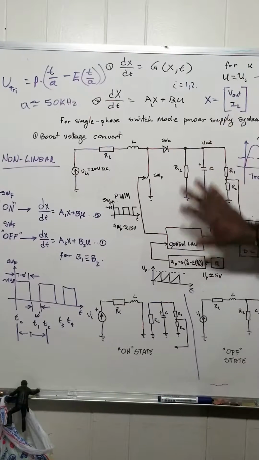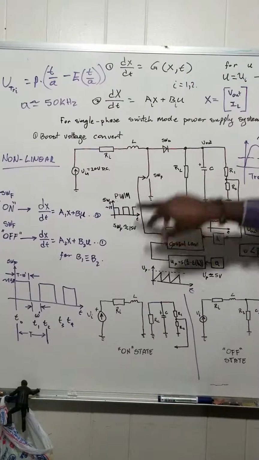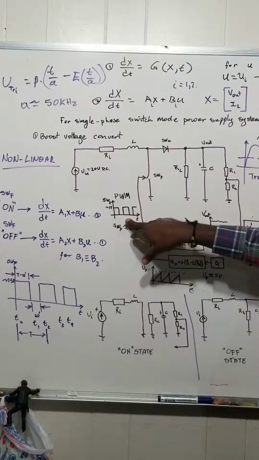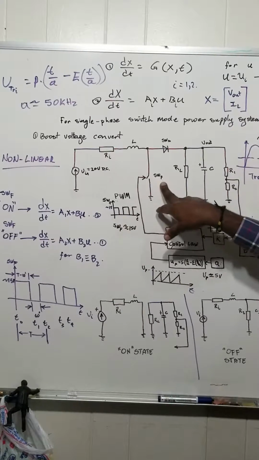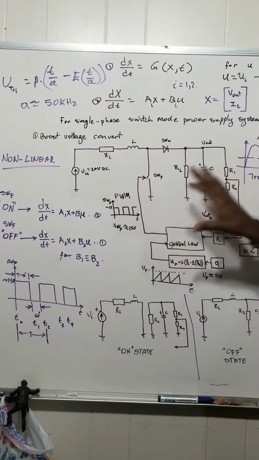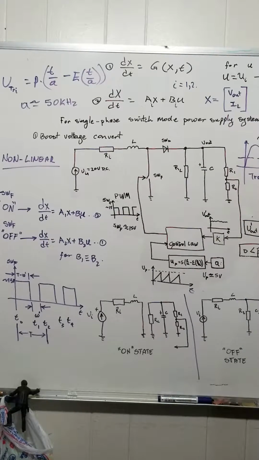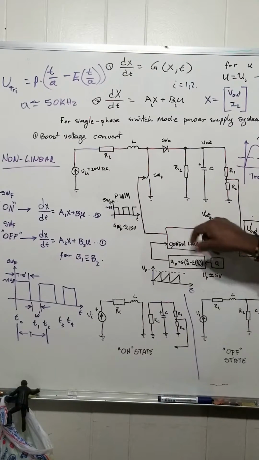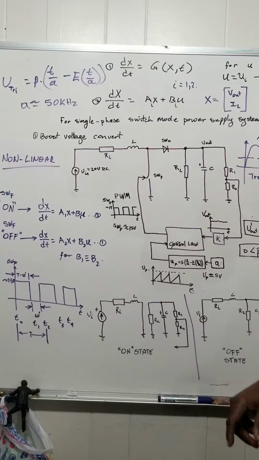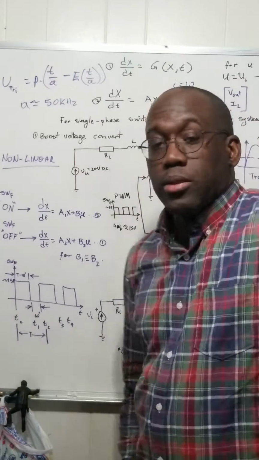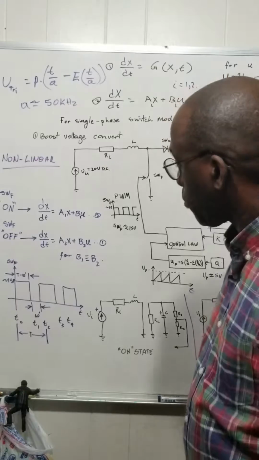Once the control law is done properly, it will generate the right pulse width for driving the transistor, for it to have an effective circuit, and you can have a proper boost output voltage that you may require. So it has to do with how your control law has been done.